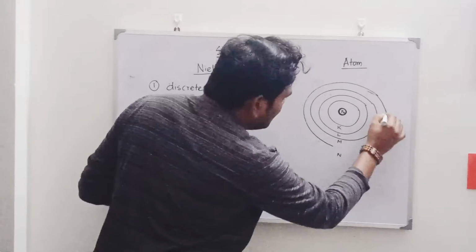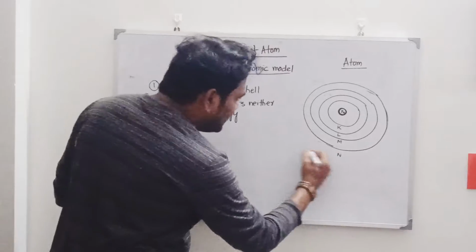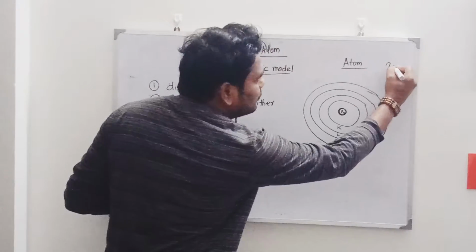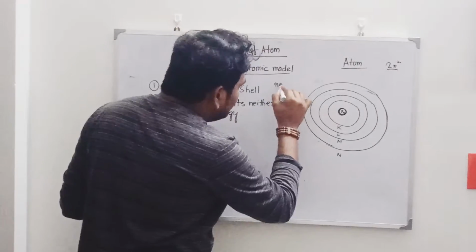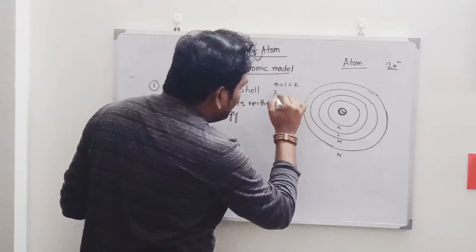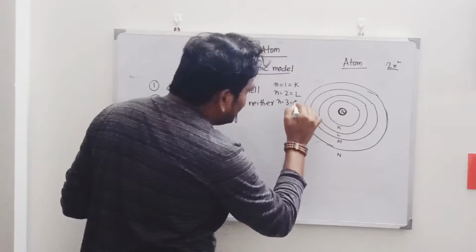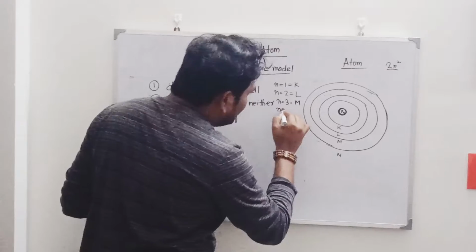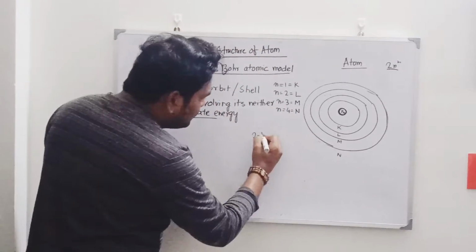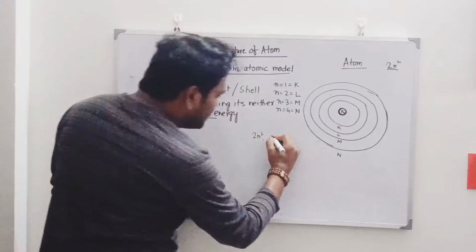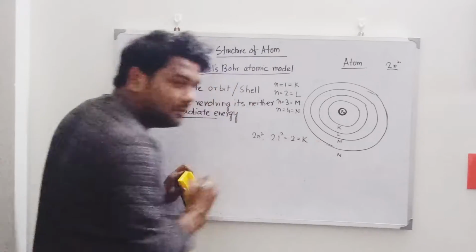For this we use the formula called the 2n square formula. n equal to 1 is the K shell, n equal to 2 is the L shell, n equal to 3 is the M shell, and n equal to 4 is the N shell.